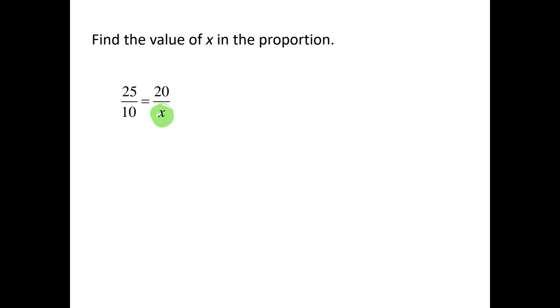Well, that means I'm going to take 25 times x, and I'm going to write it right here. Now, when I write it, the number 25 goes in front of x. Then I'm going to take this 20 and this 10, and remember, I'm multiplying, and it is going to be put right there, which is 200.